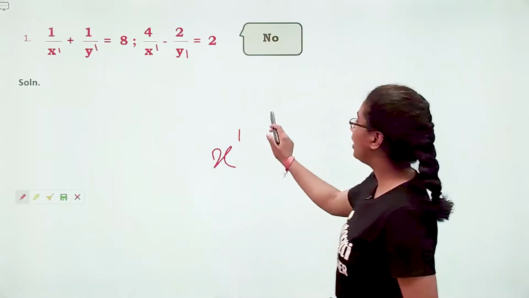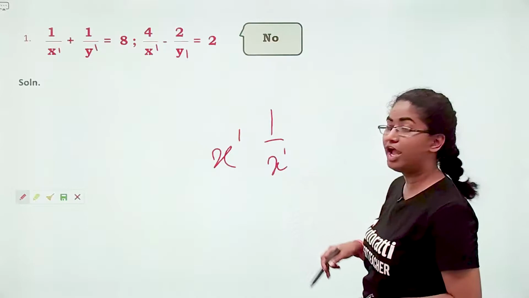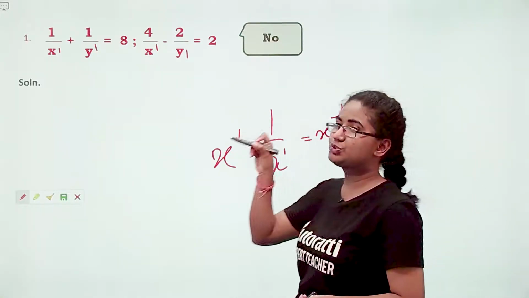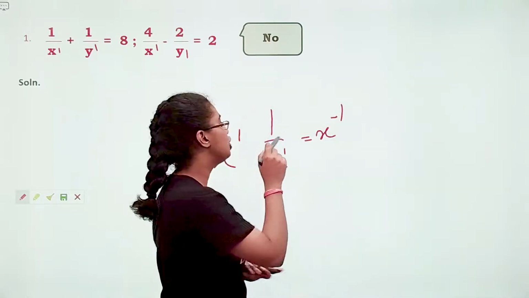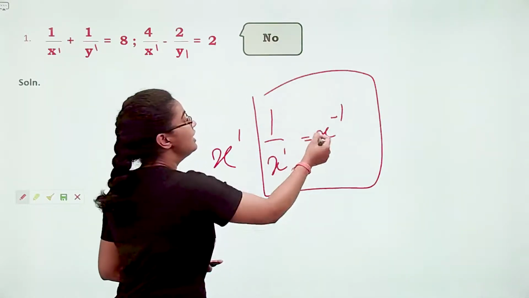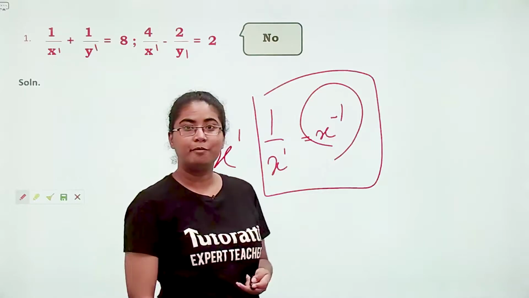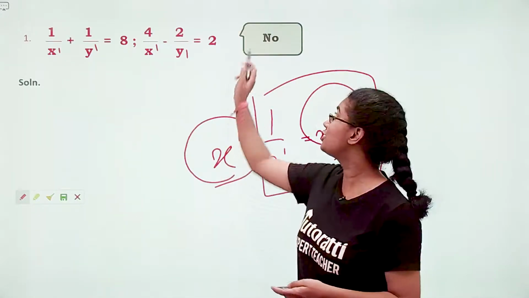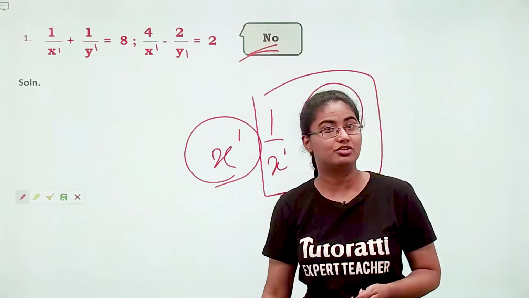But when you write 1 upon x times x raised to 1, this is x raised to minus 1. Laws of indices, people. Laws of indices. Minus 1 है. Linear equation में क्या चाहिए? Plus 1 चाहिए. So this is not a linear equation.